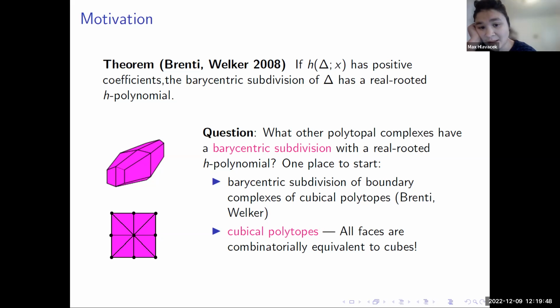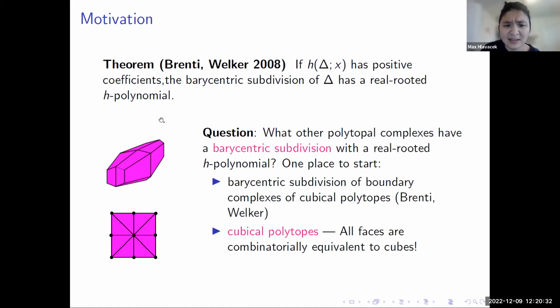So one place to start is with a cubical polytope: take the barycentric subdivision of its boundary complex, and see whether that h-polynomial has real roots. This is a first step towards the more general question about boundary complexes of polytopes in general. A cubical polytope is a polytope in which all the faces are combinatorially equivalent to cubes. For example, in this little polytope, each of the faces has 4 sides and 4 vertices, so it's combinatorially equivalent to a square.